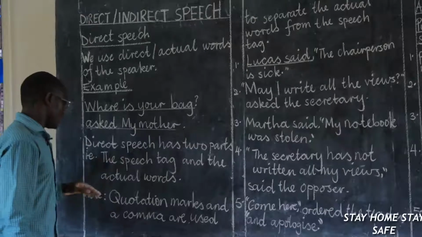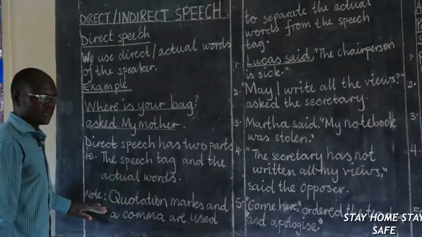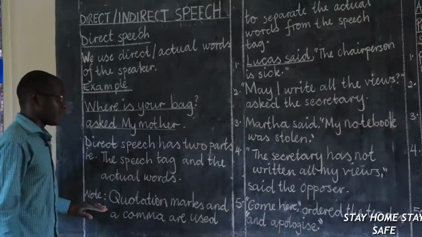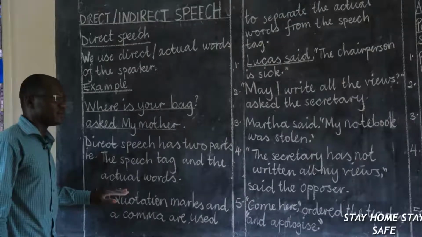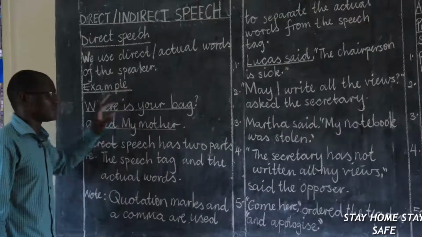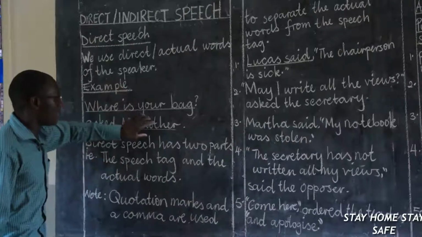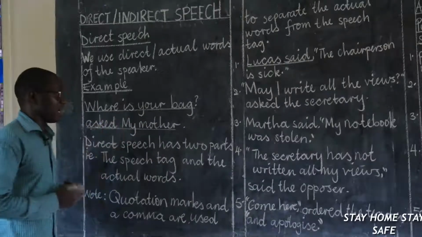So here, my dear boys and girls, I want you to take note that my words cannot be the same as my mother's words. And I don't want to add my words in my mother's words. I want them to be direct, the way they are.